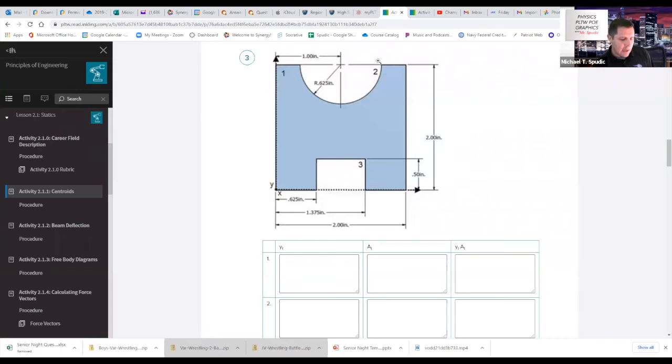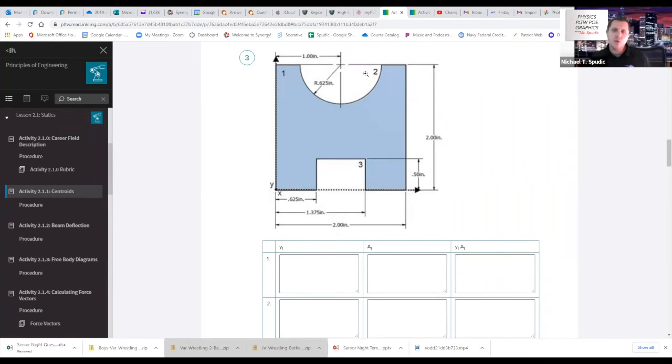And then I do my pi r squared for this, right? But I'd have to divide it by 2 because it's only half a circle, right? And let's say I get that the area of that is 3. Well, when I do the sums of the areas for those two shapes, shapes 1 and 2, I would have 10 plus a negative 3 because I'm going to subtract away this area.